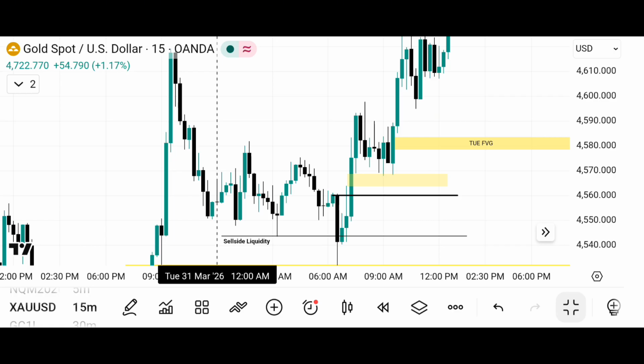There it talks about different PD arrays, the other block, fair value gap, breaker block, and so many more.